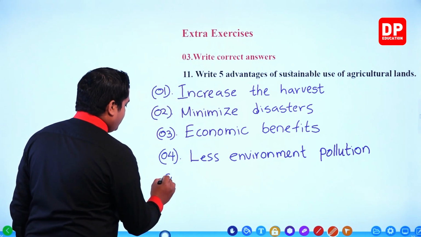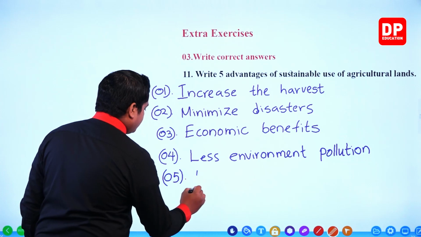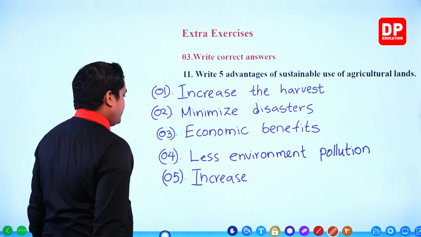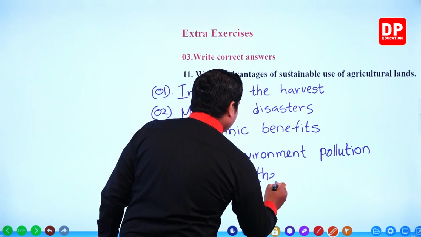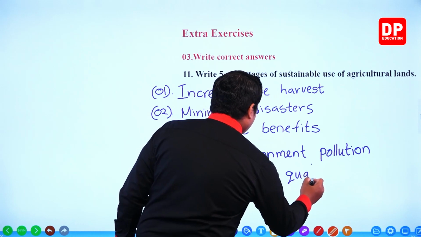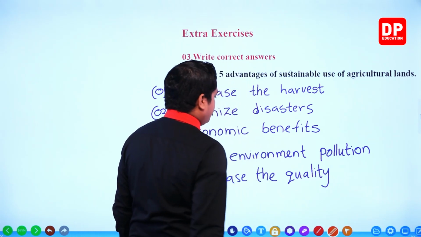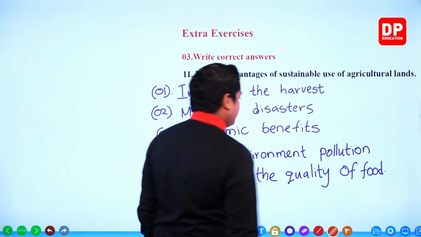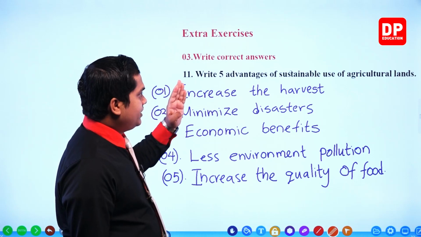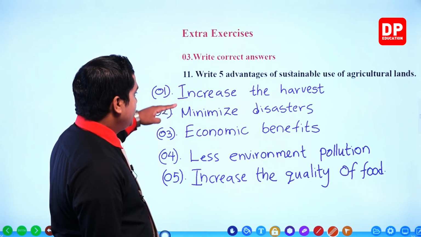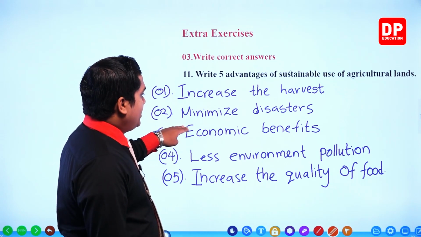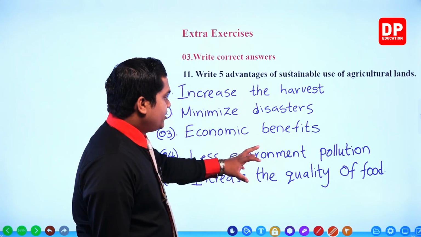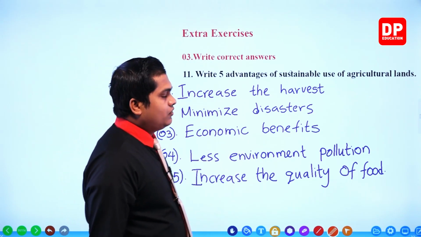Next one, number 5, increase the quality of food. So my dear children, 5 advantages of sustainable use of agricultural lands: increase the harvest, minimize the disasters, economic benefits, less environment pollution, then increase the quality of food.